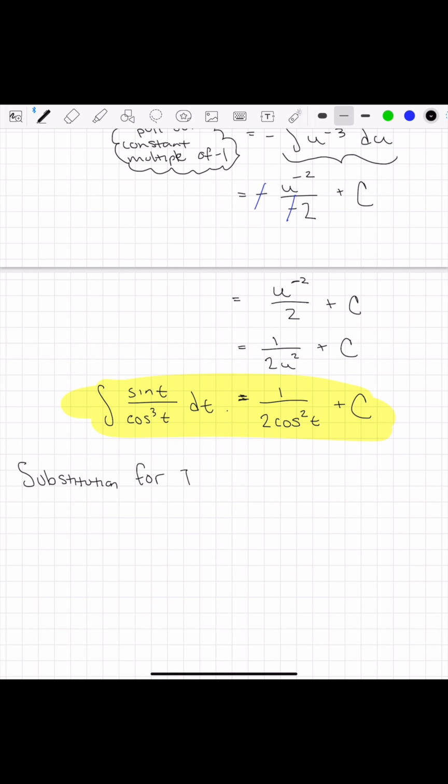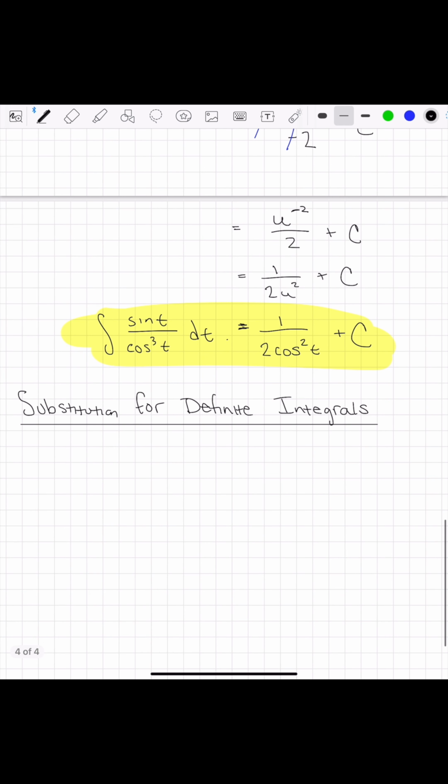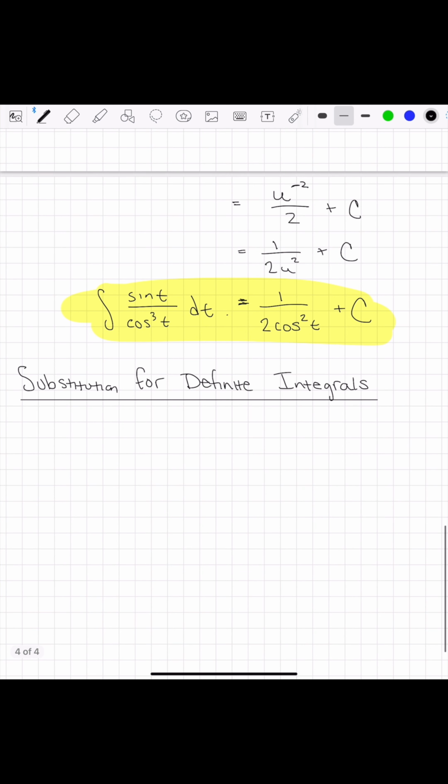Substitution for definite integrals. And remember, what's a definite integral? That's just an integral that has bounds in it. It's basically all going to be the same thing. Remember that in u substitution, the form is we have some function f with some function g plugged in times the derivative of g.